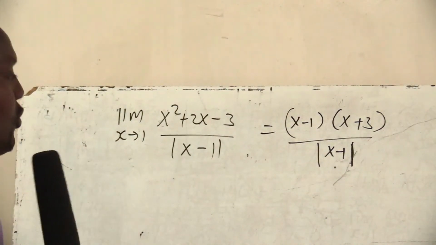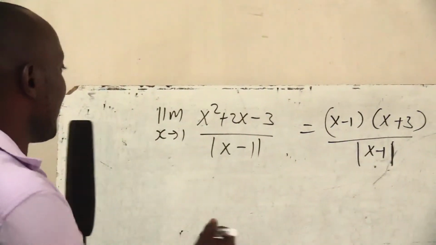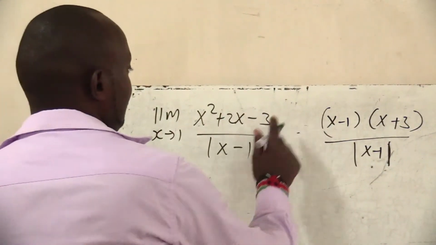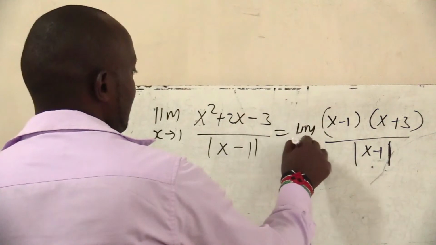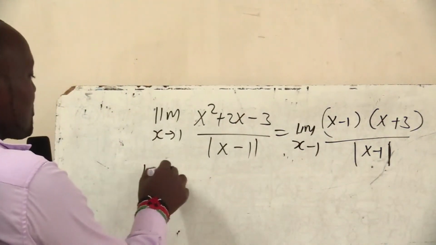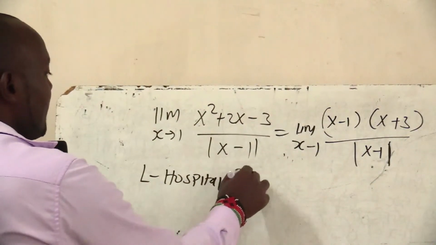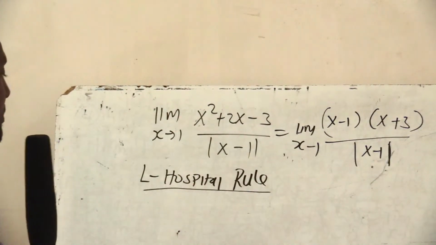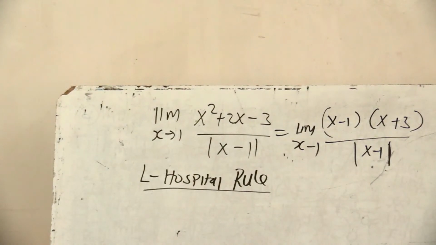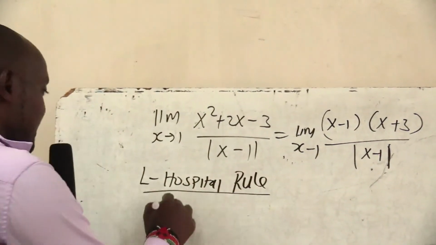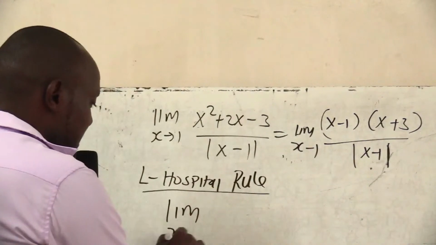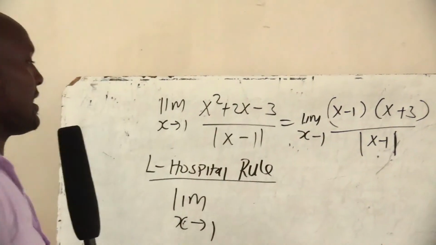So when it comes to L'Hôpital, limit as x approaches 1. When we apply L'Hôpital's rule, you realize we said we differentiate the way it is. Limit as x approaches 1, you differentiate the way it is.